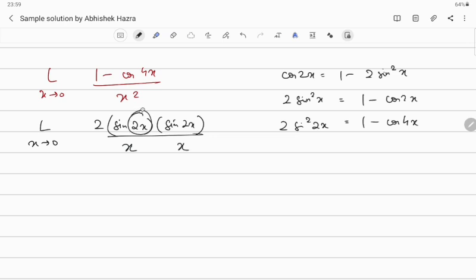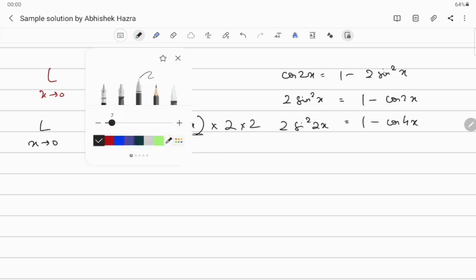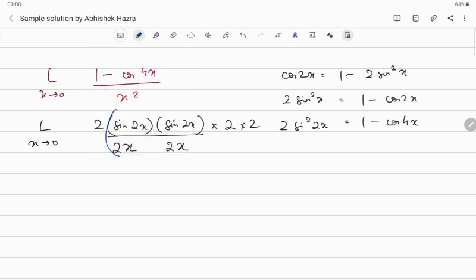Because when something is tending to 0 and it is under sine, then the same thing has to be divided. Like here I will multiply by 2, and here I will also multiply by 2 to keep the function the same. Now this sin 2x by 2x will become 1, and this sin 2x by 2x will become 1.